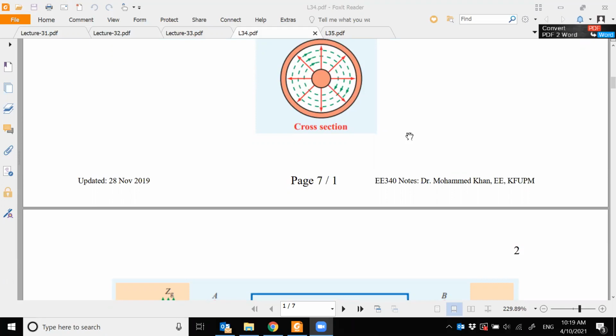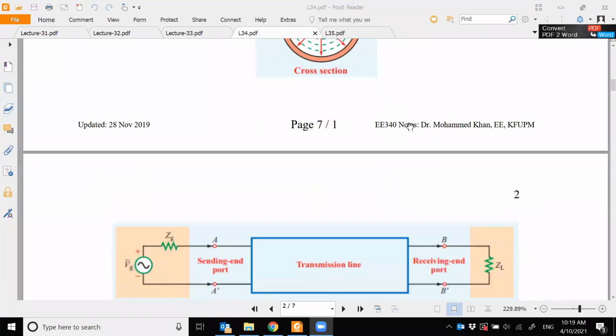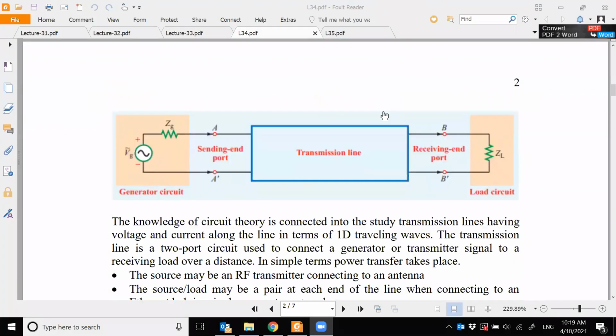But you will see that, in circuit theory, the voltages and currents all satisfy a sort of 1D traveling wave equation, and its solution will be very similar to what we got for our electromagnetic uniform plane wave solutions traveling in the unbounded medium. Okay, so this is our transmission line.